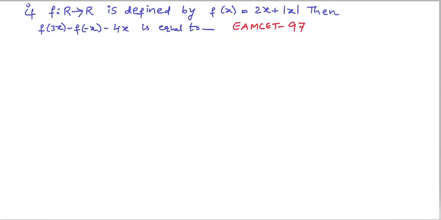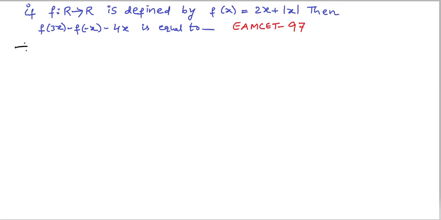If f maps R to R is defined by f of x equal to 2x plus mod x, then the value of f of 3x minus f of minus x minus 4x is equal to dash. EAMCET 1997 question.